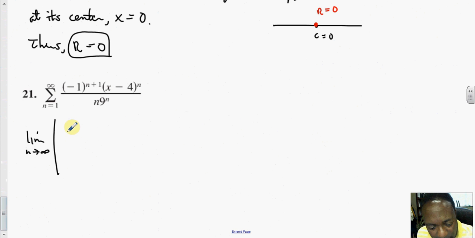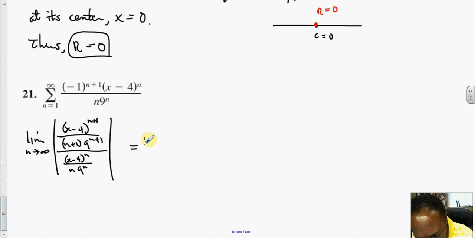So I'm just going to take everything else that I have. This is x minus 4 to the n plus 1. This is over n plus 1 times r, well, 9 to the n plus 1. And this is now all over x minus 4 to the nth divided by n times r to the n.